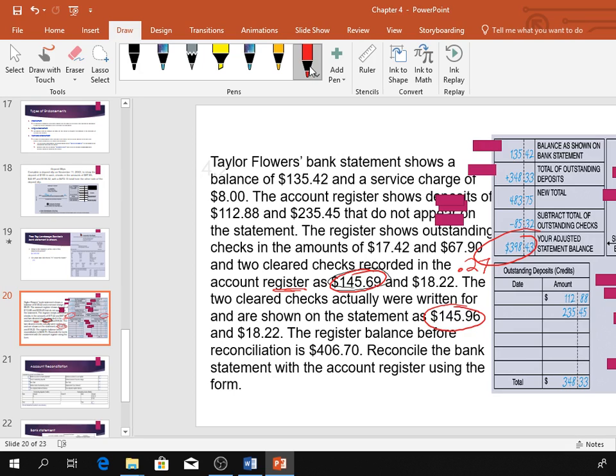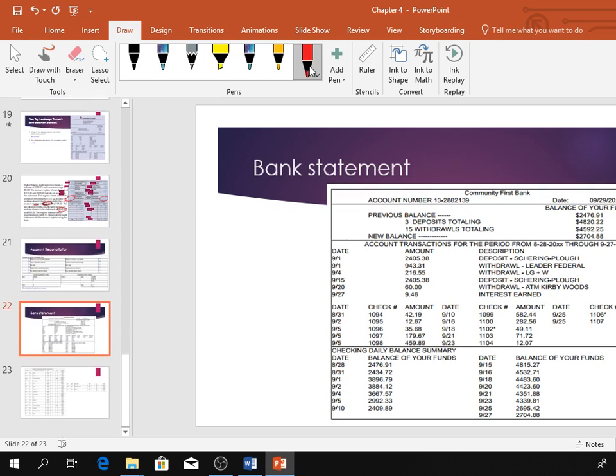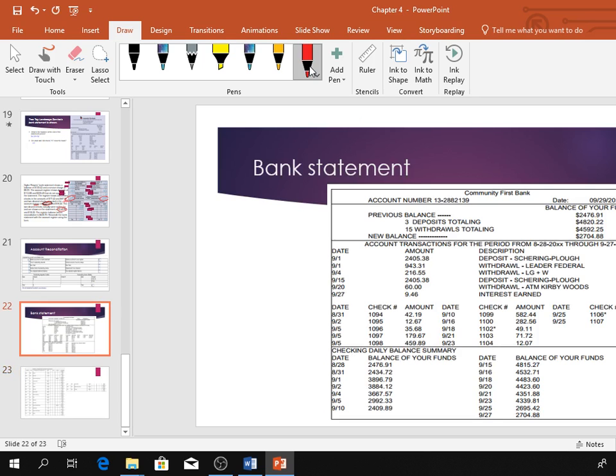Okay, so that's reconciling when you're given the information. And then the last thing we're going to look at is reconciling when you're not given the information, but you're given your bank statement and your register. This is more likely what would happen in the real world. You'd have your bank statement that they would send to you, and you'd be looking at your balance, and you notice the new balance is $2,704.88.